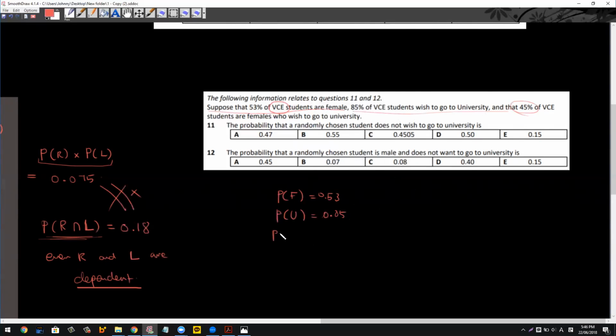And something is 0.45, okay? So can you figure out what goes in here, please? It's either F and U or F or U.